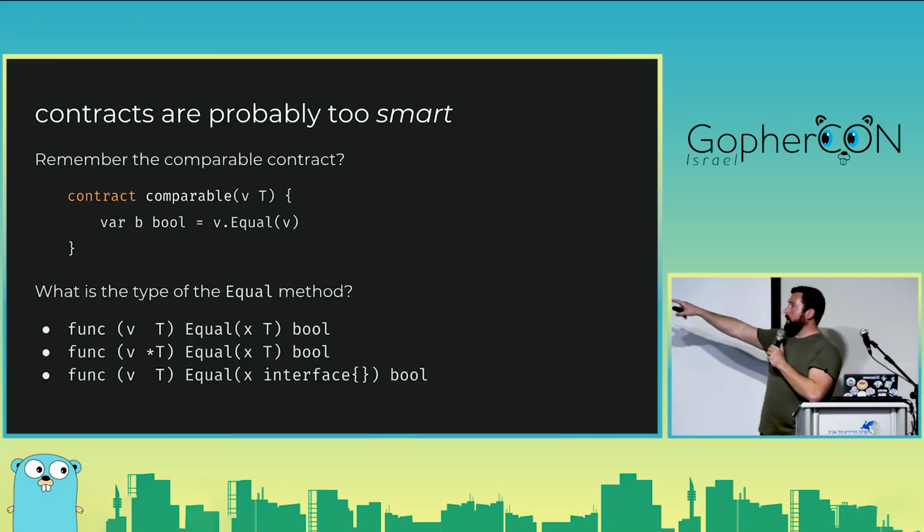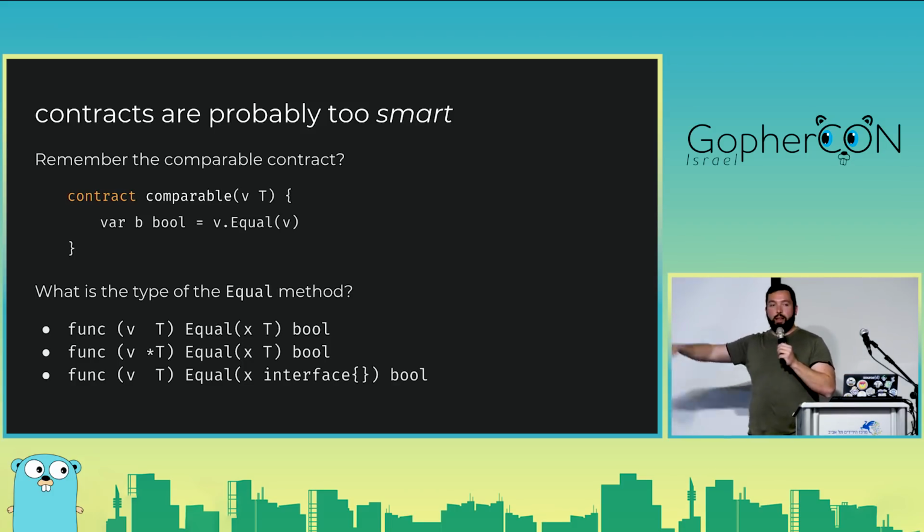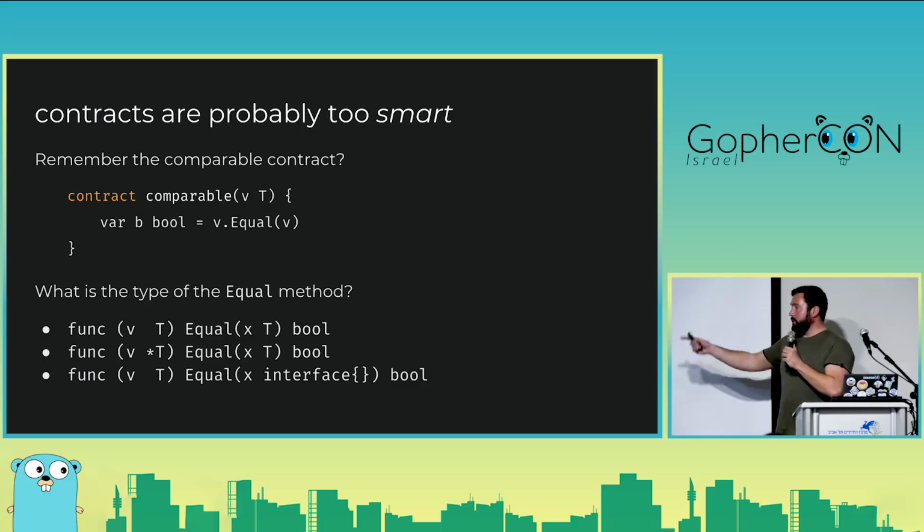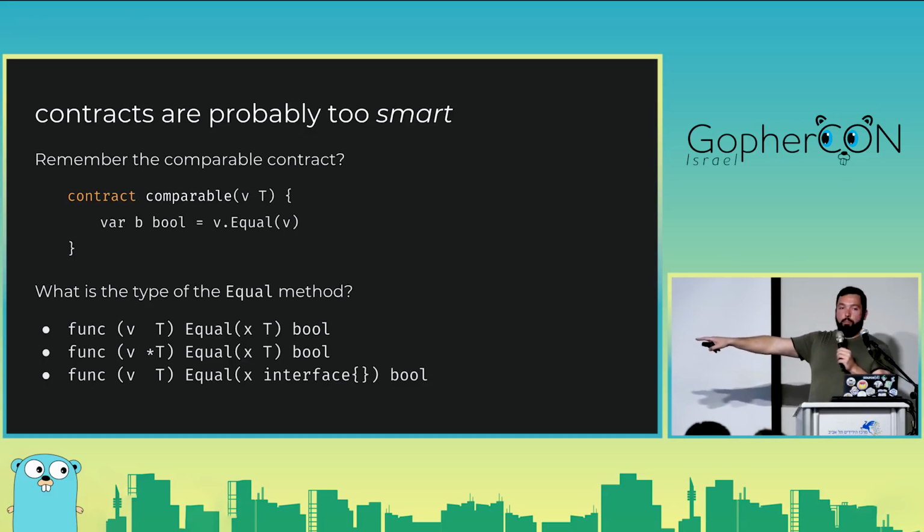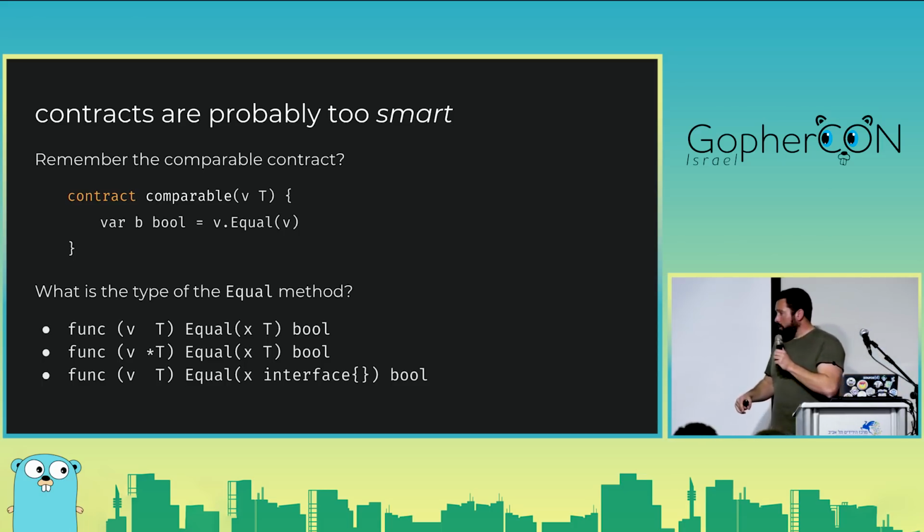And you remember that comparable thing, where equals uses the same type. What is the thing that satisfies it? The first one is an equal method where the receiver is a T, it receives a T, returns a Boolean. That compiles, so that works. What if the receiver is a pointer?